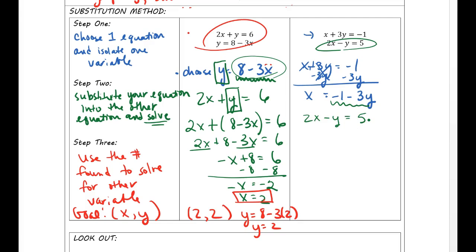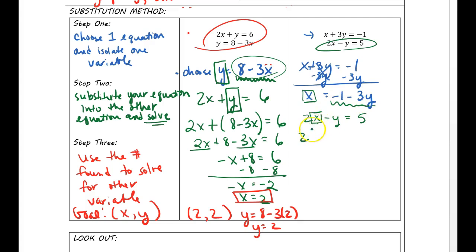Well, right here, all of this was my x. So down here, I need to be focused on the x because they have to match. This x comes out, and in its place goes all of this equation right here. This is the substitution being made. So a variable comes out, an equation goes in.